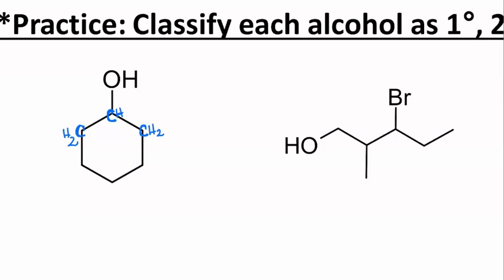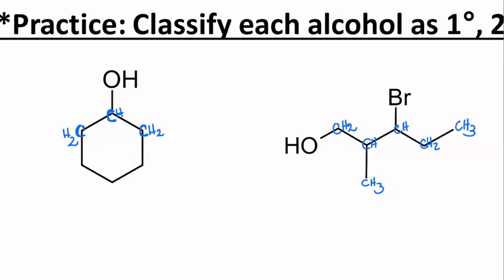Let's look at the alcohol on the right. Is it primary, secondary, or tertiary? Let me write in the carbons and hydrogens. This is the carbon that is holding the OH. It's a carbon with a hydrogen. This is a CH3. This is a CH. This is a CH2. This is a CH3.